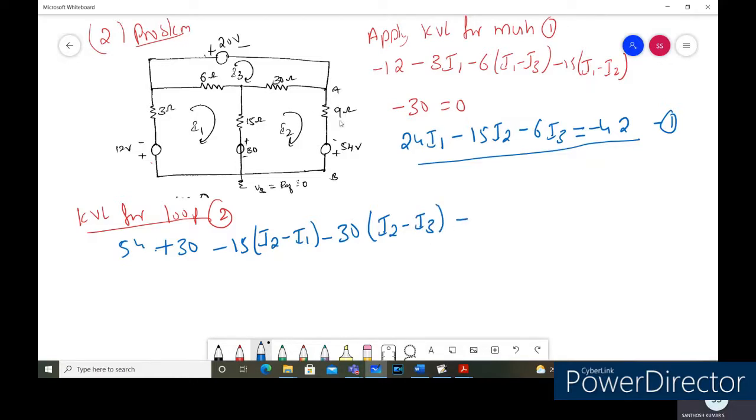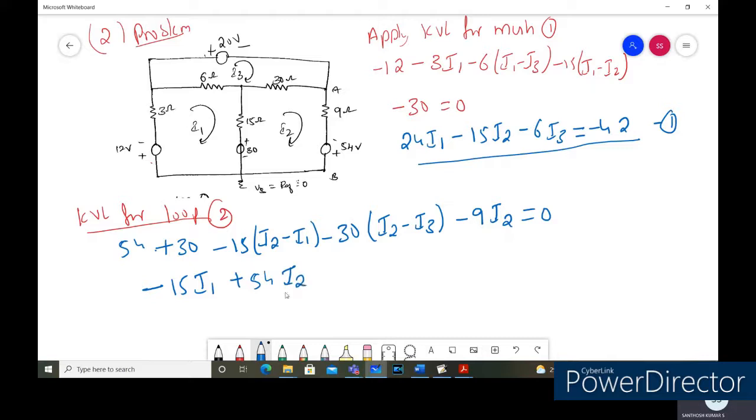Let us come back to the 9 ohms. So it is minus 9 into I2. Already we have taken the 54 volts voltage source. So this is equal to 0. Let us simplify this in terms of the currents. Minus 15 I1, and the drop across I2 will be 15 plus 30, 45, plus 9, so 54 I2.